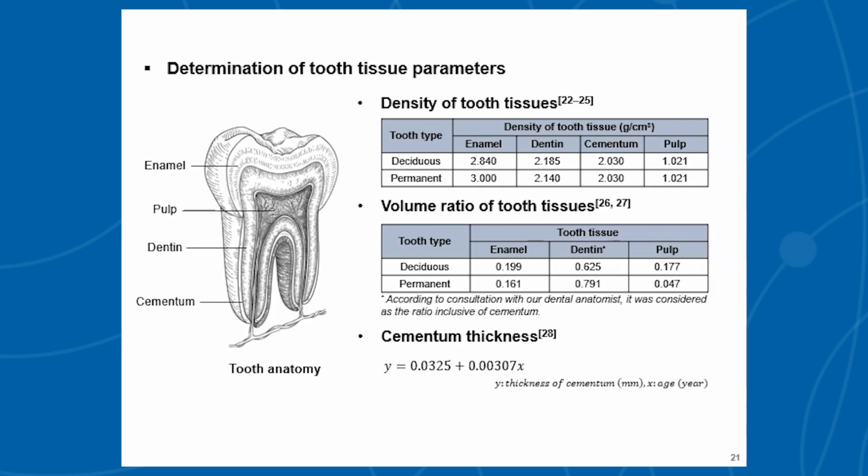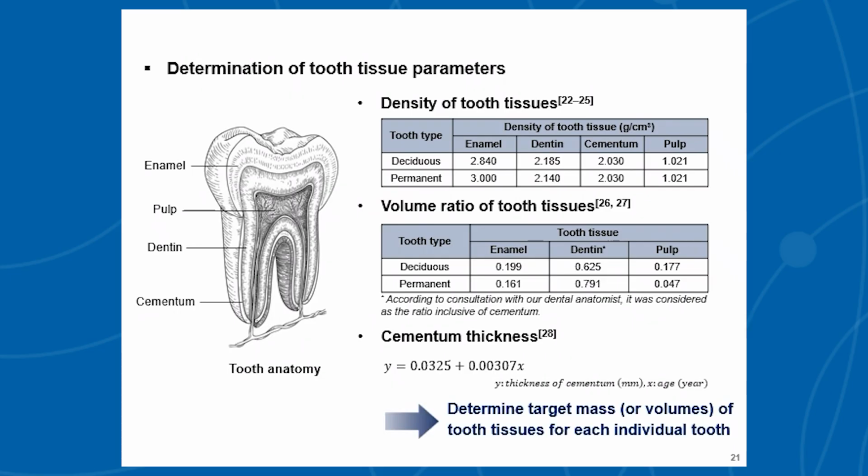Next, we determined the density, volume ratio, and thickness of tooth tissues, including enamel, dentin, cementum, and pulp. And then we applied these values to the previously calculated tooth masses to calculate the tooth tissue masses in individual teeth.